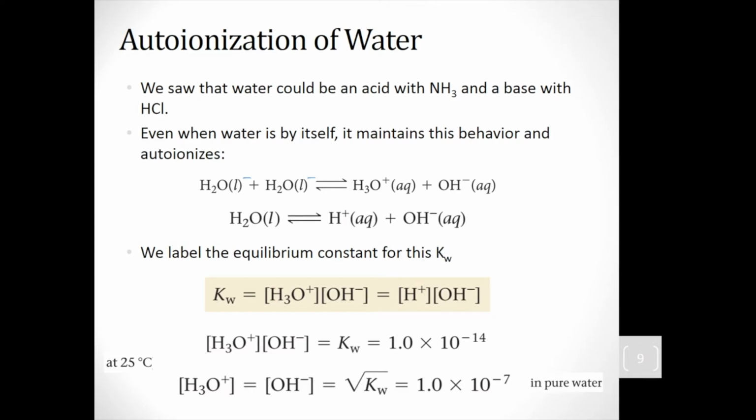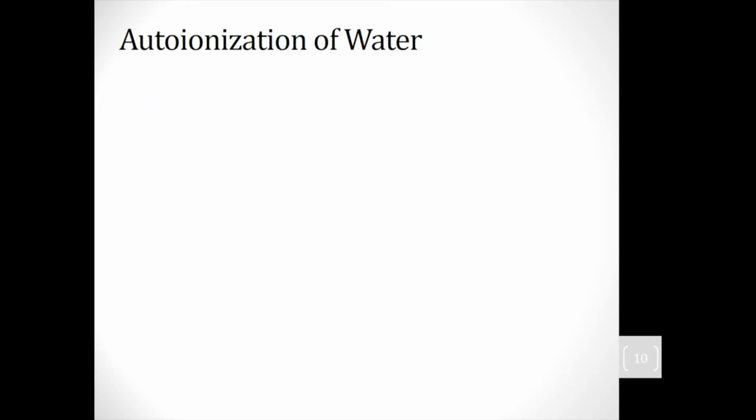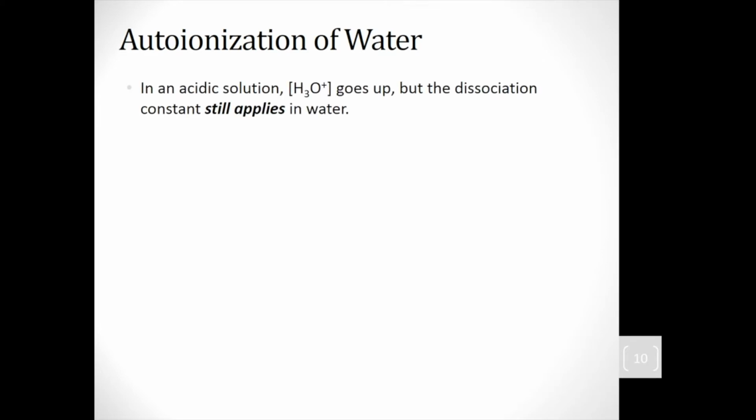Using our definition of acids, if we have an acidic solution, the concentration of H3O plus will go up in that solution. But the dissociation constant still applies to the water. So we're talking about autoionization of water because if we know the H3O plus, we can also find the OH minus.